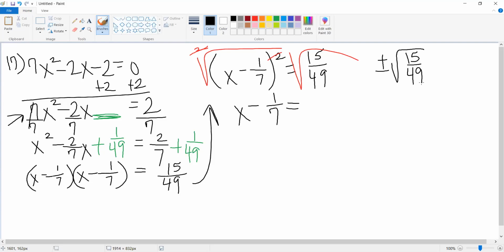Like we did with an earlier problem, we can rewrite this entire fraction with the numerator and denominator as radicals separately. So this is the same thing as plus or minus the square root of 15 all over square root of 49. And that gives us plus or minus square root of 15 all over 7.